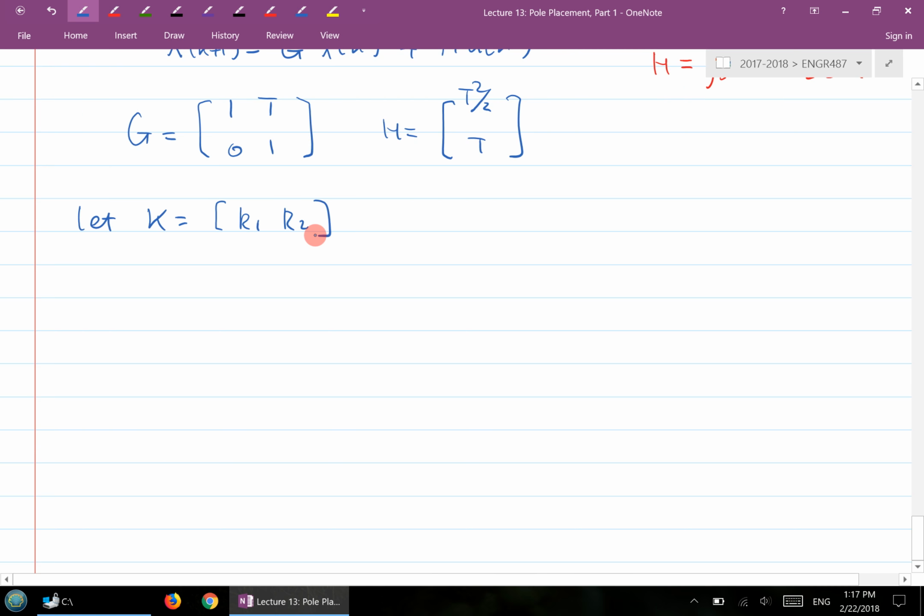This is going to be a row vector, because you're going to multiply K by the x vector, which is a column vector. Then the control input is negative K times x of k, which is negative K1 x1 of k minus K2 x2 of k.